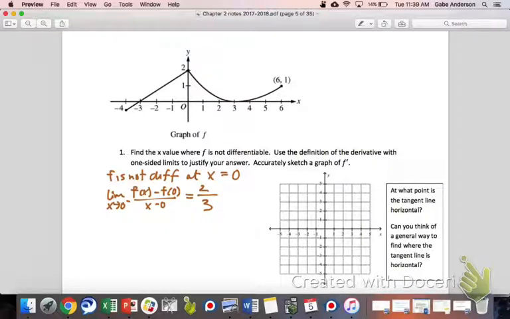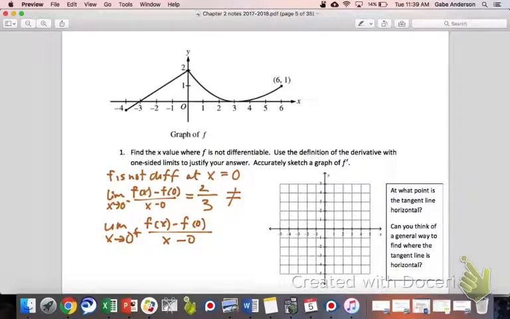Okay, so then that is not equal to, we can see it from the picture, the limit as x approaches 0 from the right of the exact same expression, same difference quotient. What could you say about the value of f prime as we approach 0 from the right?